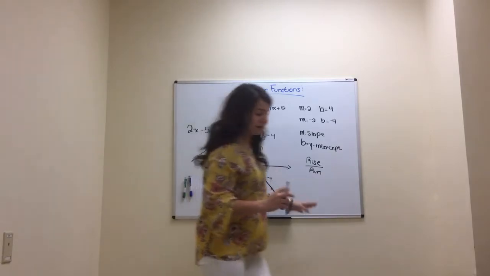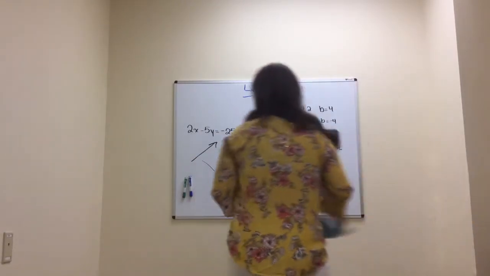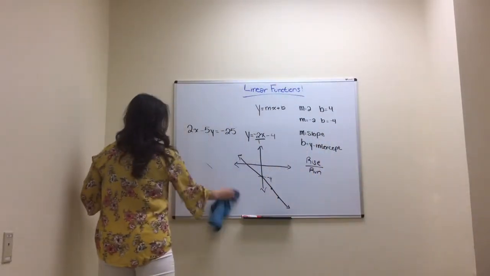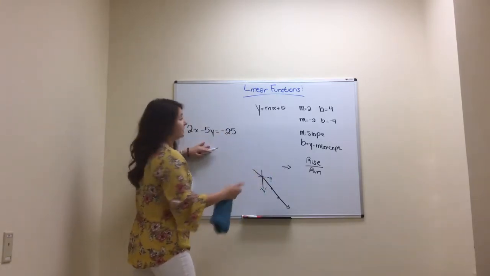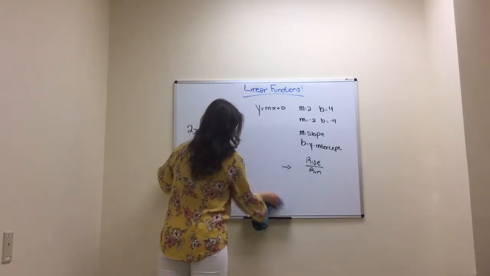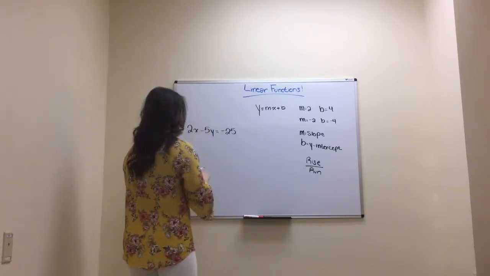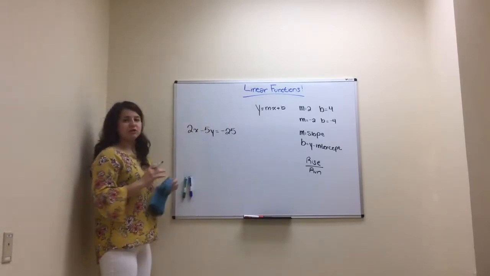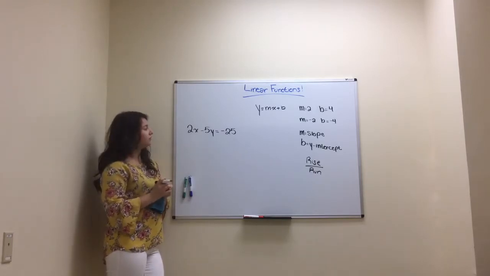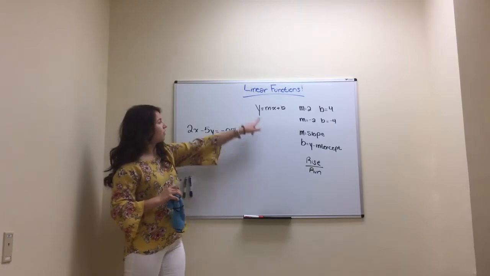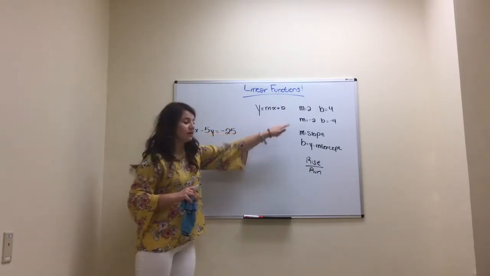All right? The last thing that we're going to be focusing on today is turning something that looks a little funky, like this one, into terms of y equals mx plus b. Okay? So, when you first look at this, you're probably like, I have no idea what this means, and it looks too difficult, but in reality, we can solve for y and get our equation.